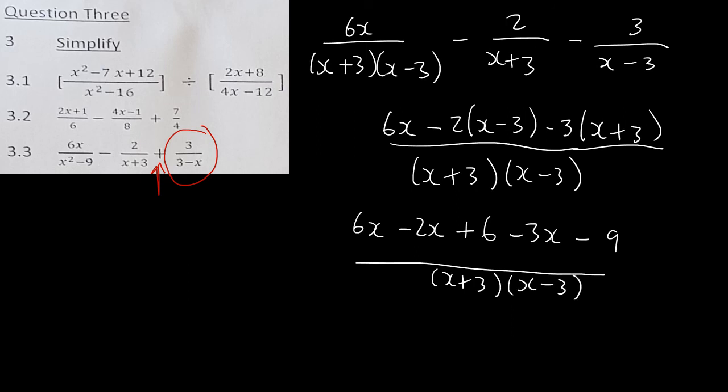So let's add these terms up. We've got 6x and minus 2x and minus 3x. So bring them together, we will be left with x, right? Because it's 6x minus 5x when we add the minus 2x and 3x up. So we have x, and then looking at the 6 and the minus 9, I'm left with minus 3.